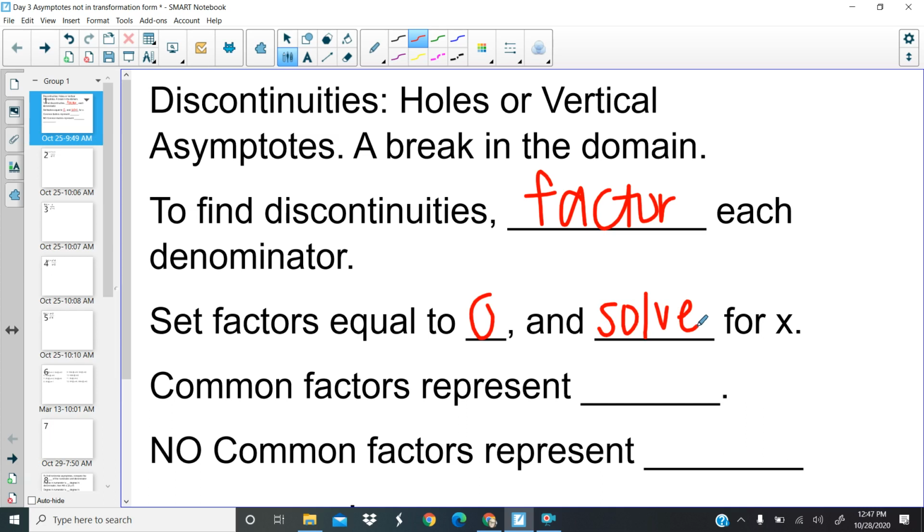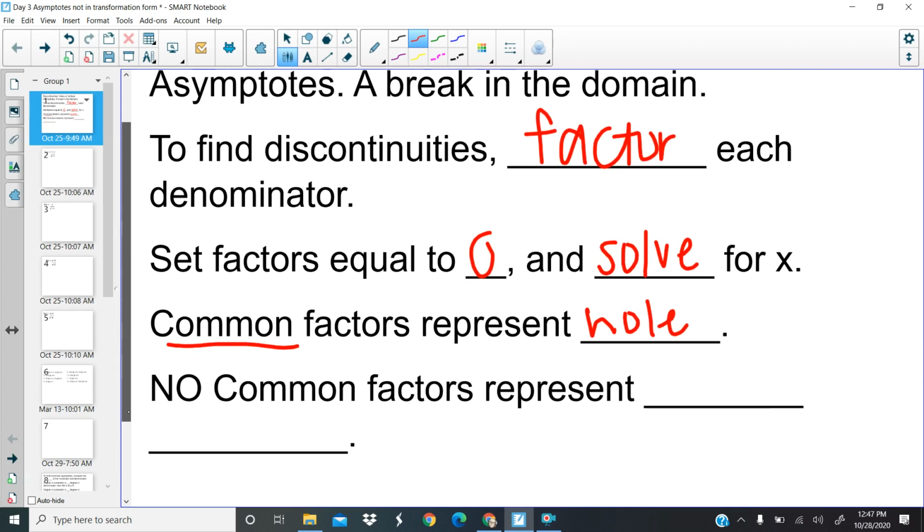So whenever I say common factors, that means the same factor is in the numerator and the denominator. And so those are going to cross out. So if you have a factor that crosses out or cancels out because it's in the numerator and denominator, that's going to represent a hole at that point. And then factors that don't cancel out are going to represent vertical asymptotes.